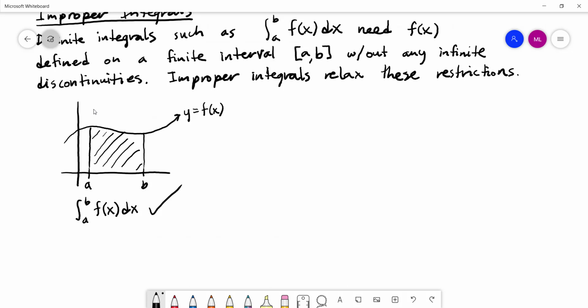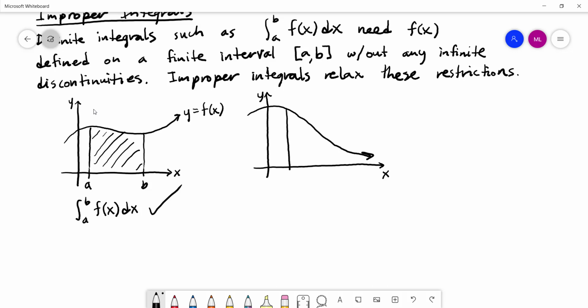We're going to take a look at different scenarios where our function does something and maybe it goes off like this. Let me relabel all my axes here. And what if we want a to be here and b to be way off at infinity this way?